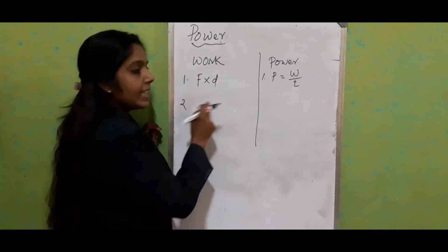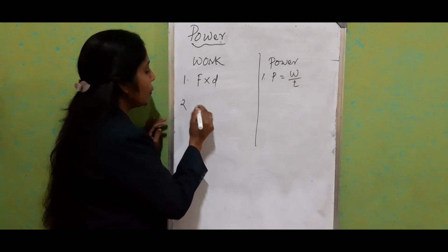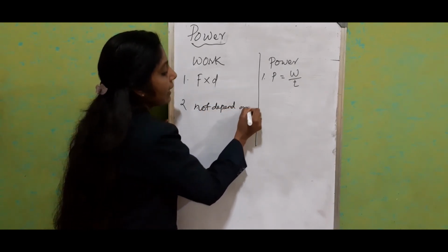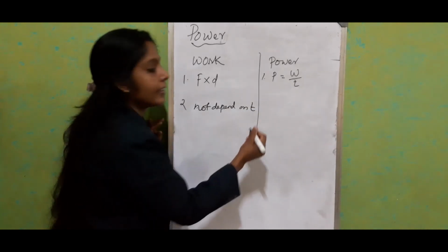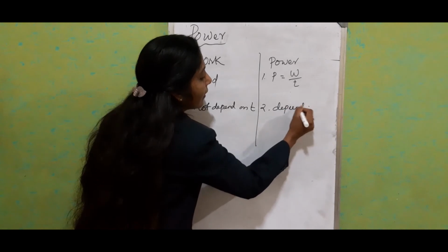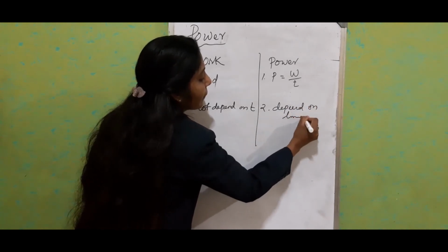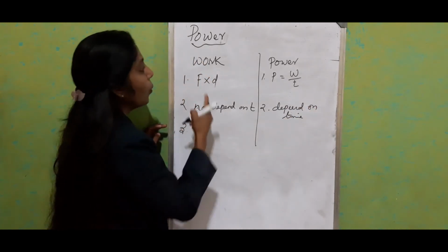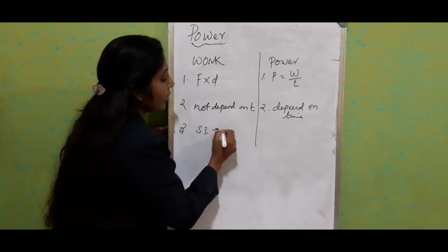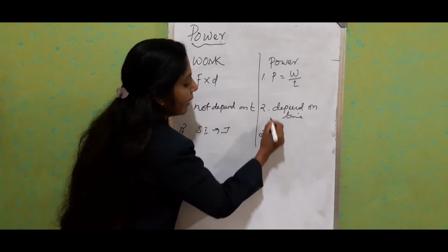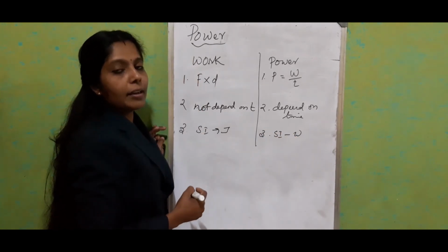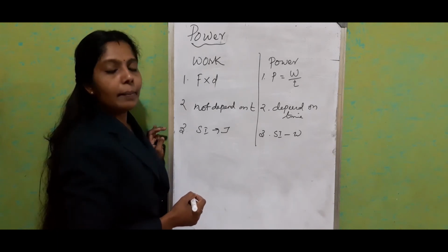Second, does work depend on time? No. Power does depend on time, as the time factor is there. Third, the SI unit of work is joule, and the SI unit of power is watt. These are the three main differences between work and power.